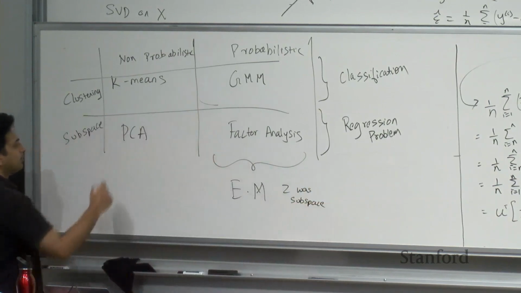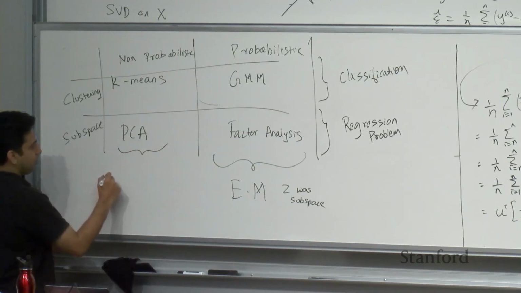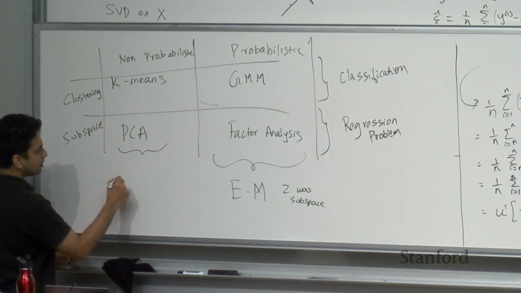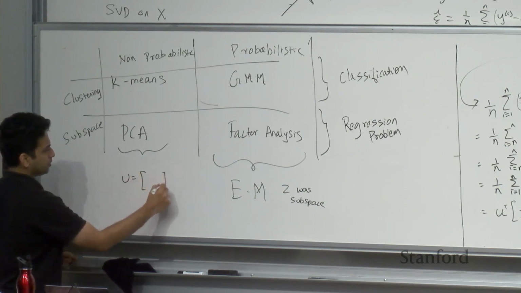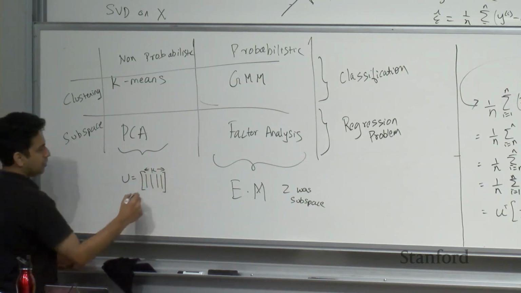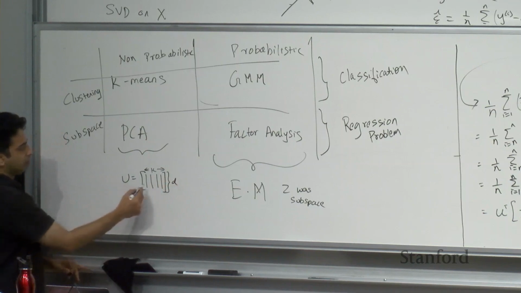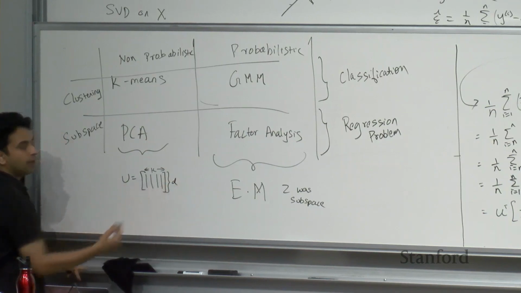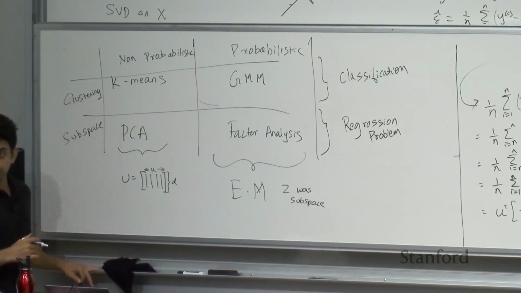And in PCA, the way we recover the subspace is to construct the matrix U, which has k different columns, each of dimension d, and these are the top k eigenvectors of X transpose X. Right?